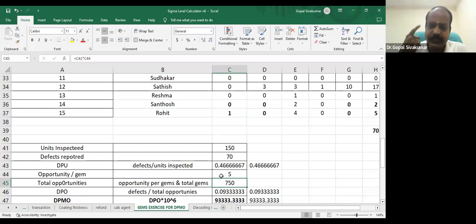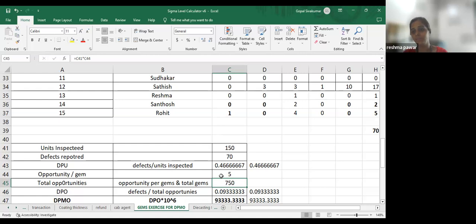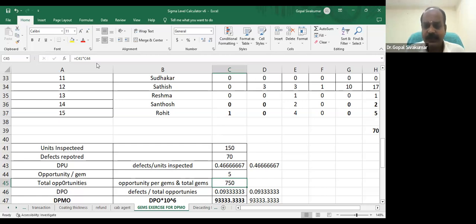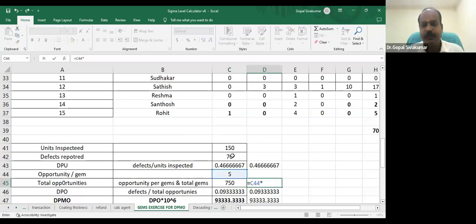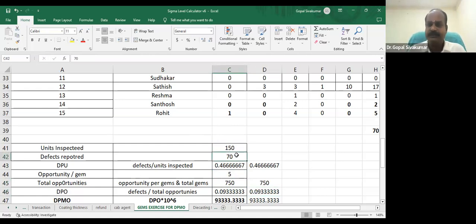If one gem can have 5 defect opportunities, 150 gems will have 750. How can I get this? 150 into 5. Opportunity per gem multiplied by total number of gems inspected. That is giving me 750. All of you are with me? So total opportunity is 750 and number of defects reported is 70.